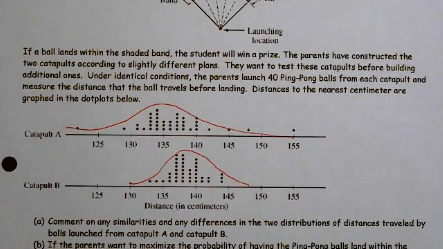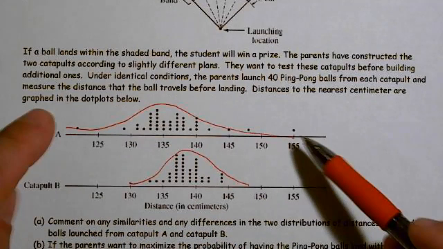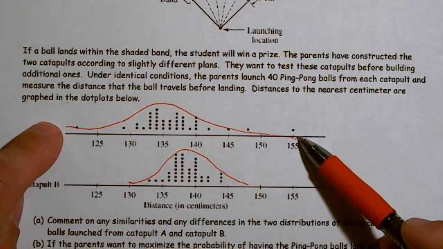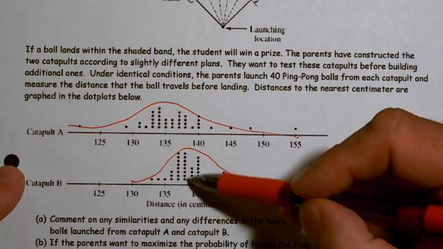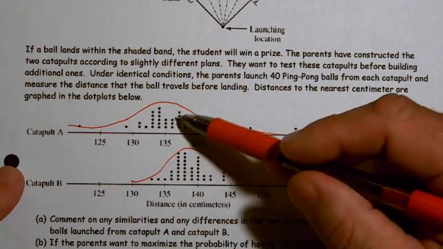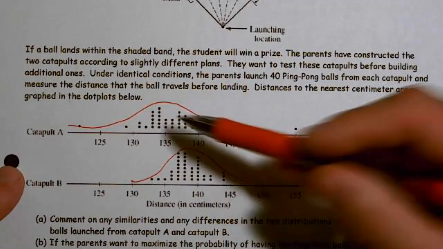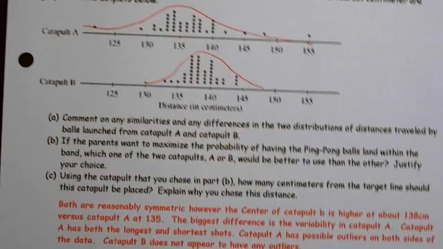So I'd say both of them are reasonably symmetric. But what I do notice is this one has a lot more variation, a lot more spread. I also know that the center of this one is about here, and the center of this one, not too far off of it. So here we go.